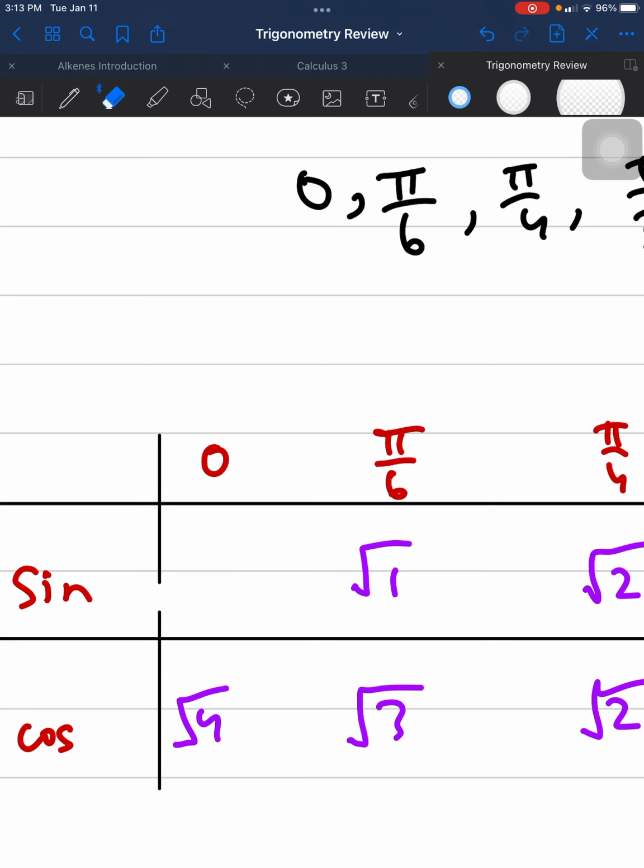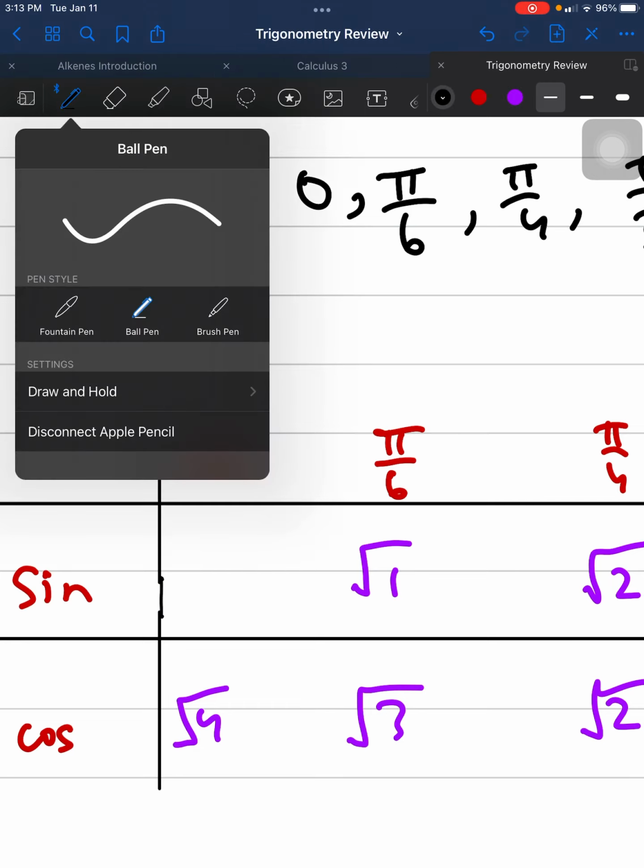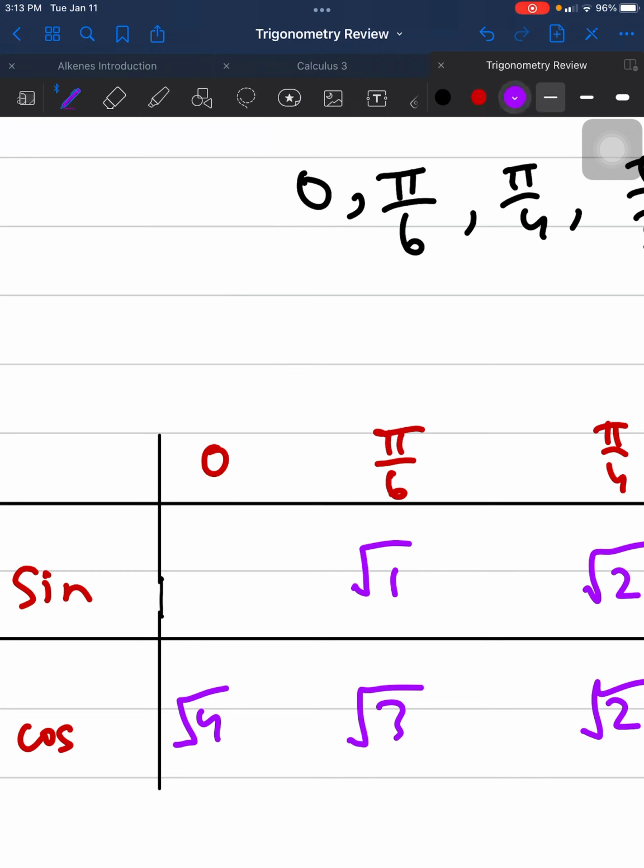So for sine, the square root of 0 is just 0. So the value for sine right here is simply 0.